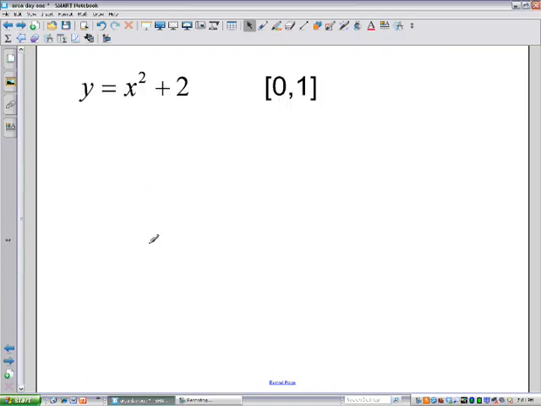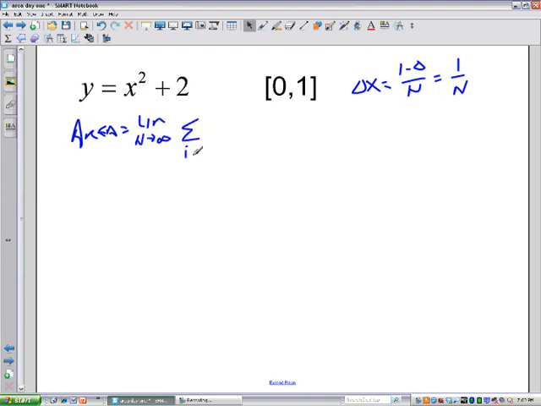Great. Moving onward. First thing we need to figure out is what's delta x. Delta x is b minus a over n, so it's 1 minus 0 over n, which is just 1 over n. So my area is the limit as n approaches infinity of the sum from i equals 1 to n of f of c sub i.